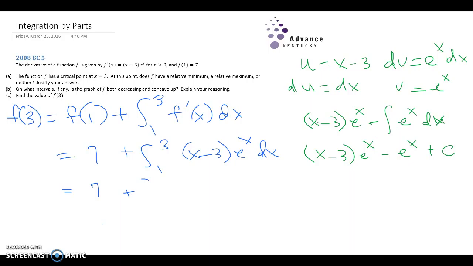7 plus x minus 3 times e to the x minus e to the x, evaluated from 1 to 3, is my next step.